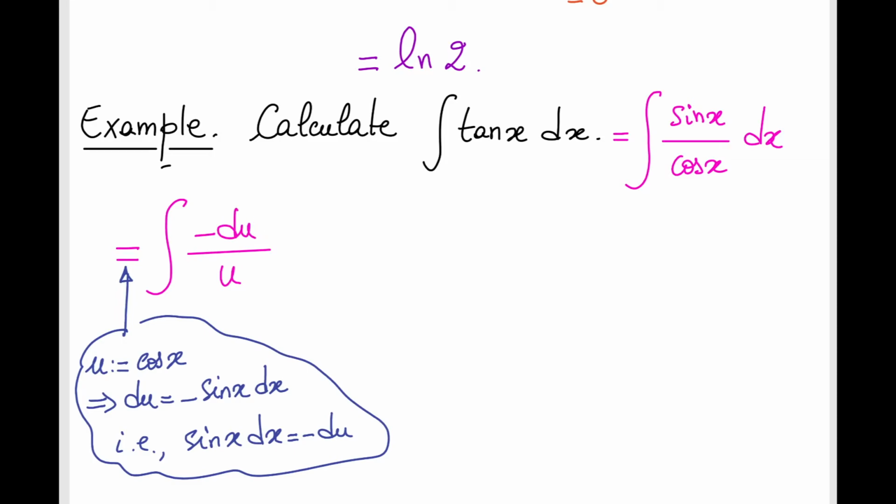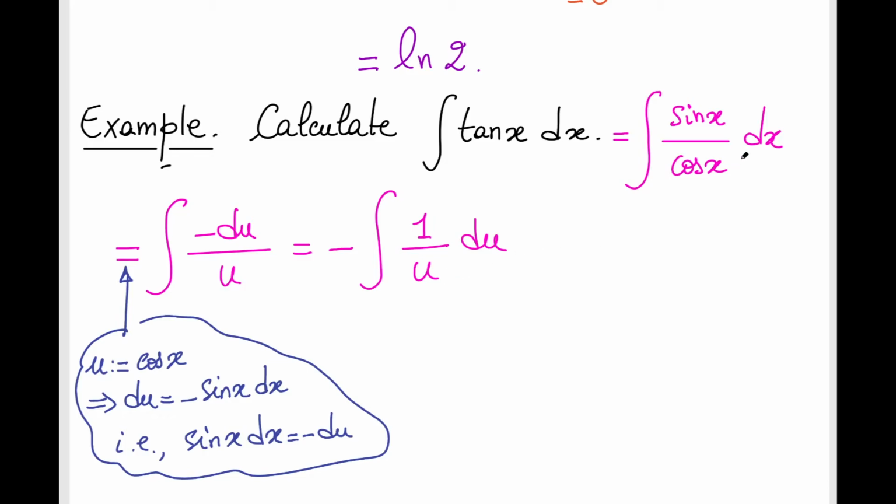One more time: cosine x is what we called u, as such sine x dx is negative du. And this is the opposite of the integral of du over u, and du over u is the same as 1 over u du.